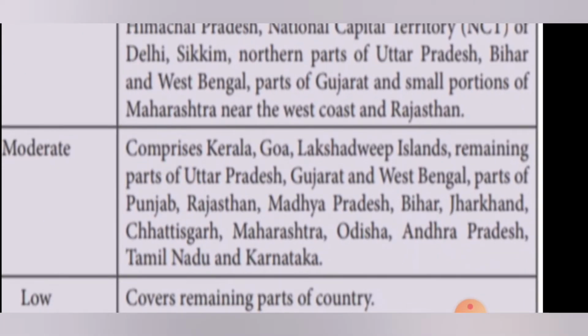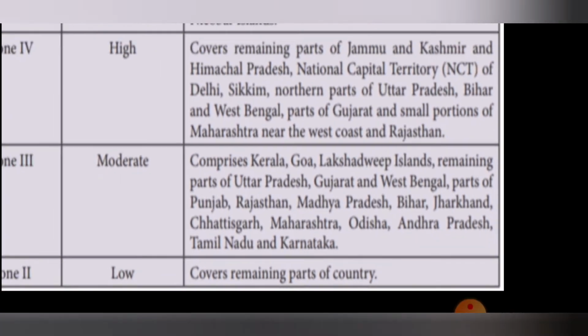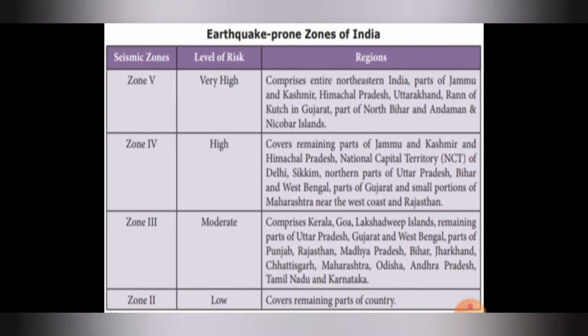Moderate comprises Kerala, Goa, Lakshadweep Islands, remaining parts of Uttar Pradesh, Gujarat and West Bengal, parts of Punjab, Rajasthan, Madhya Pradesh, Bihar, Jharkhand, Chhattisgarh, Maharashtra, Odisha, Andhra Pradesh, Tamil Nadu and Karnataka. These are the regions where earthquakes occur at a moderate level. The level of risk is moderate.